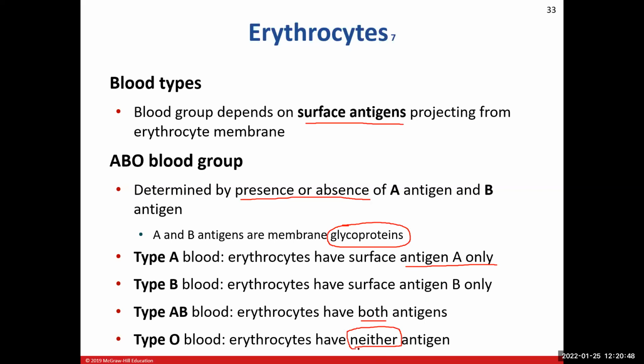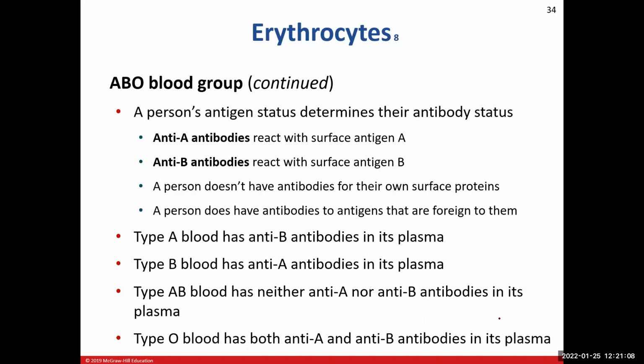It's important that you understand that because you're going to get confused if you don't understand that concept. Type A, A antigen only. Type B, B antigen only. If you are AB, you have both antigens. If you are type O, I think of it as 0, you have nothing. Neither antigen is going to be present.